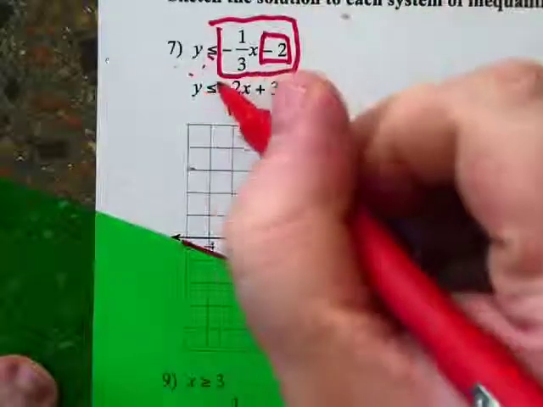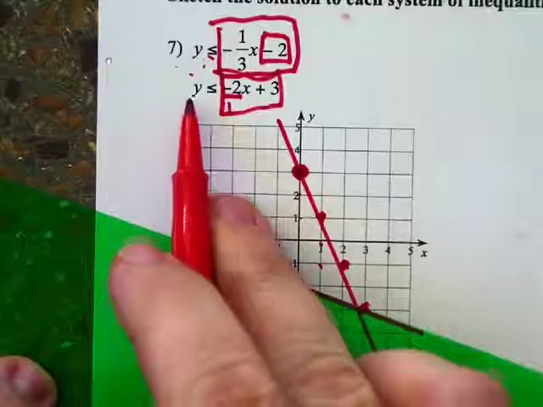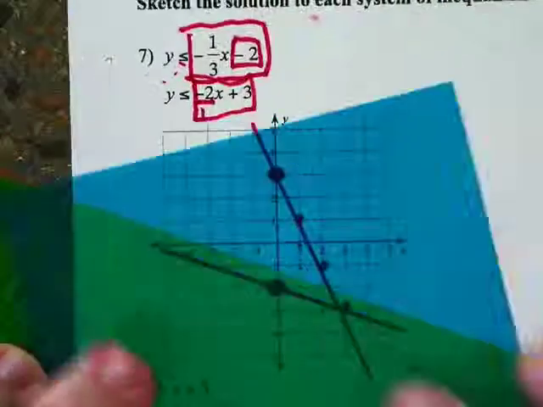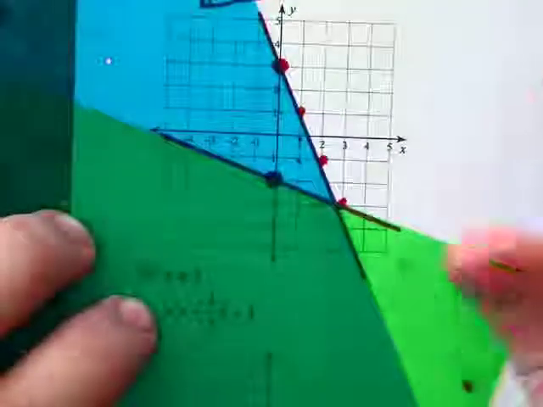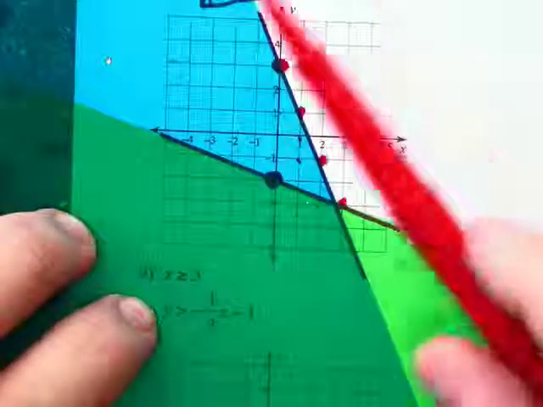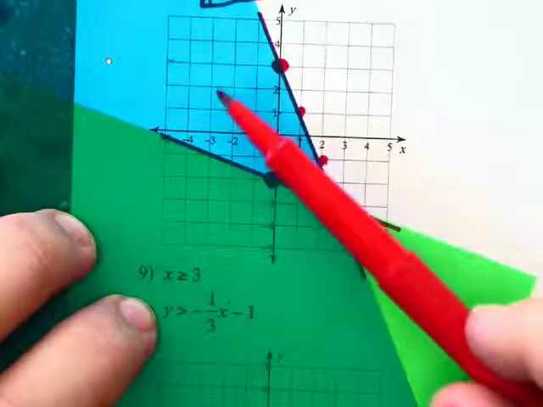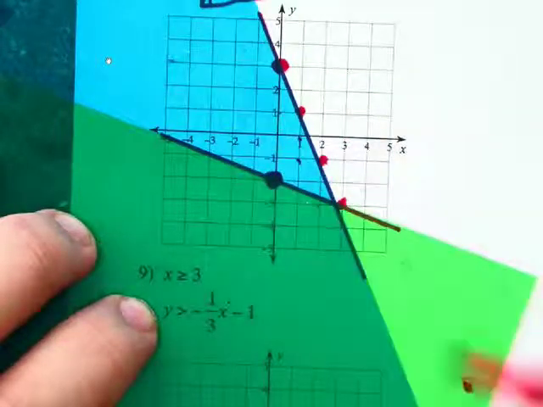Well, over here, we have a second line, and y also has to be smaller than all of that line. So we look for where y is smaller, and we see, hey, okay, the answer has to be correct for both of them at the same time, not just one or the other. This one is only correct for the blue, but none of the other colors.